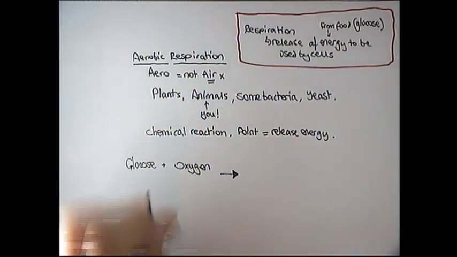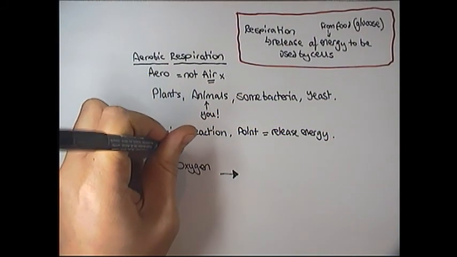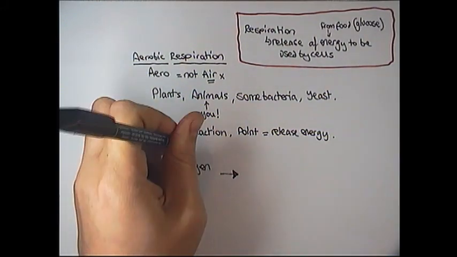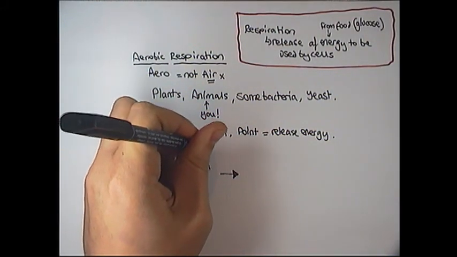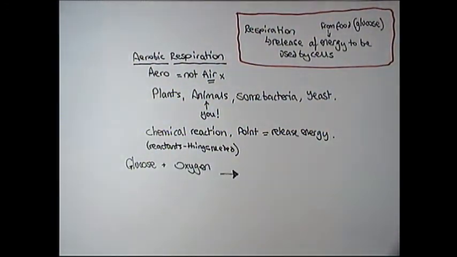We refer to these as our reactants. That means they are things needed for the reaction to go ahead. They appear on the left hand side of the arrow, so we've got glucose and oxygen.